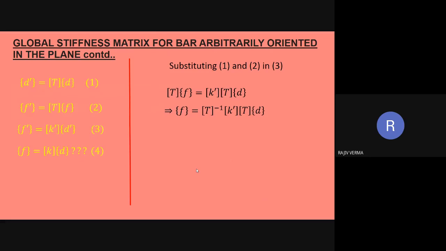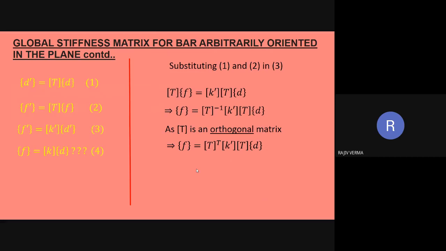And since the transformation matrix happens to be an orthogonal matrix, this basically means that the inverse can be replaced by a transpose of a matrix. For an orthogonal matrix, the inverse of a matrix is equal to its transpose. So we are basically replacing the inverse with a transpose.